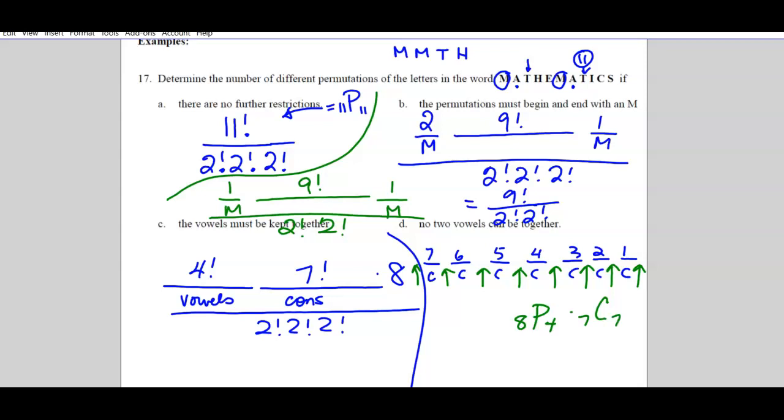Oh, 7, keep 7, not C for consonants. Okay, and then we have to figure out the repeats, right? So then you want to divide by your 2 factorial, 2 factorial, 2 factorial. Okay, so you're taking the spaces there, right? So you can do it a shorter version.